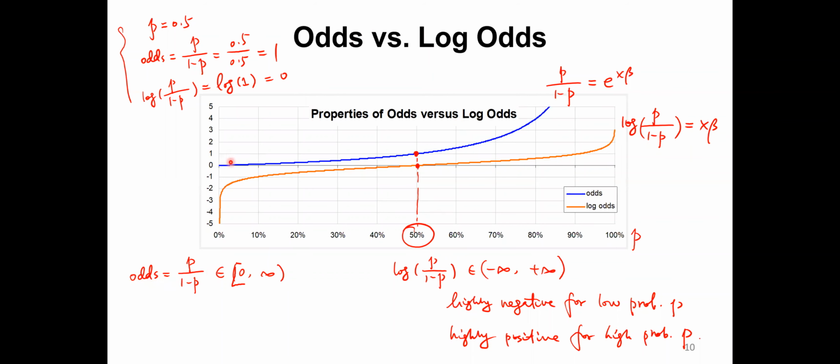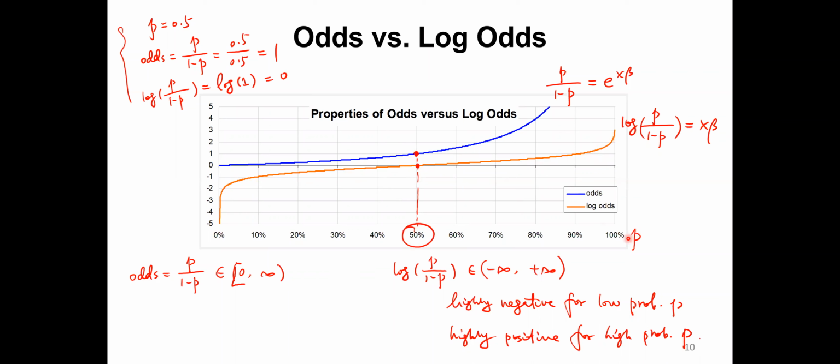So this will be the odds curve if we have P here, and this curve will be the log odds. The log odds are highly negative for low probability P. When the probability is less than 50%, it goes from minus infinity to 0, and it is highly positive for high probability of P, going from 0 to infinity.